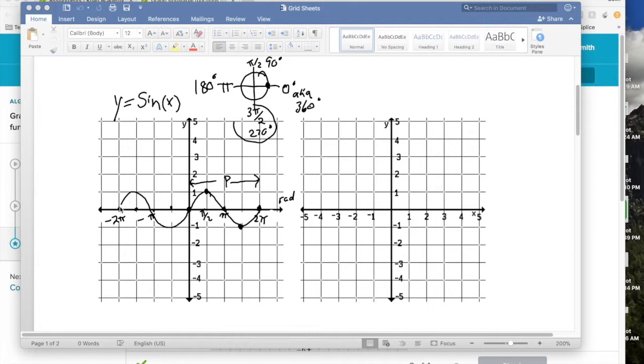We'd go down to -1, back up through pi, up to +1. So we can see that this is the repeating pattern we're dealing with, and that's how we know we're dealing with the sine function. It starts at a value of 0, and the first value it heads to is +1.